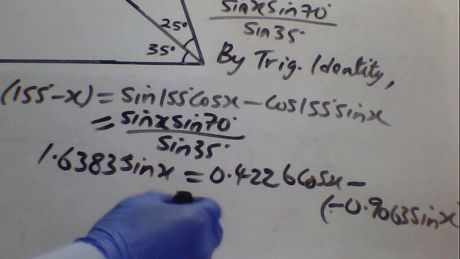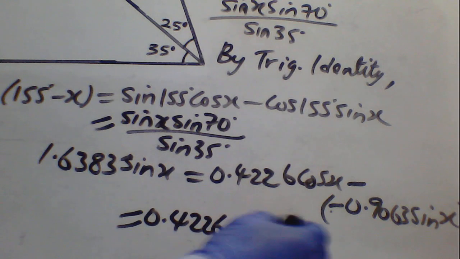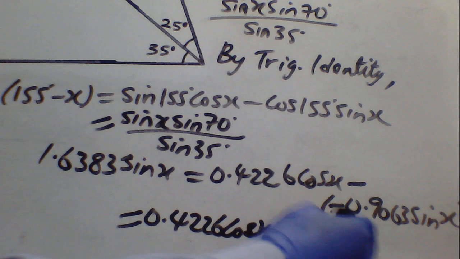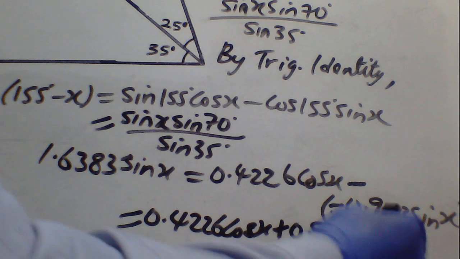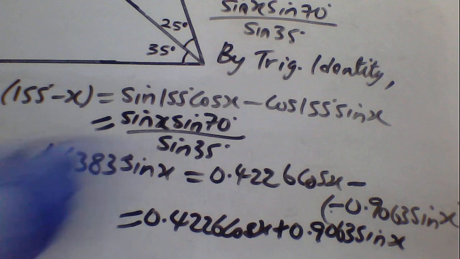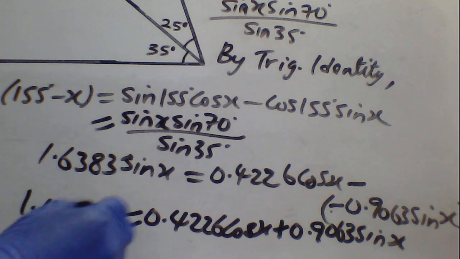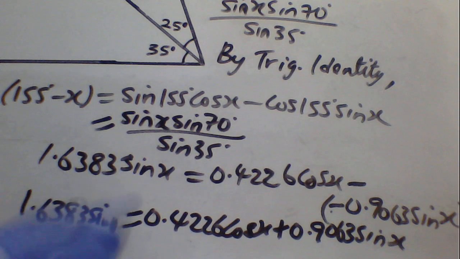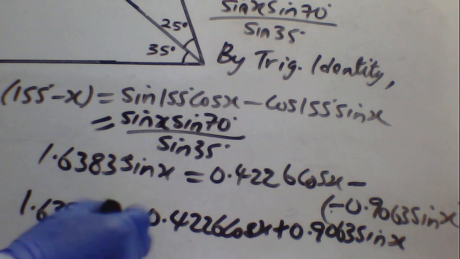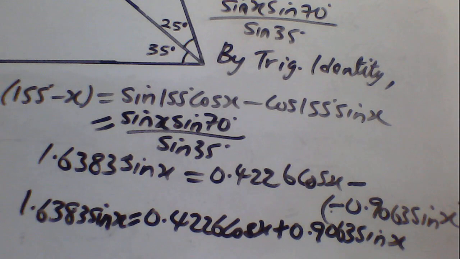We have 0.4226 cos x plus 0.9063 sine x. Hope you are seeing it. So right here, 1.6383 sine x. At this point, what is the next thing to do?